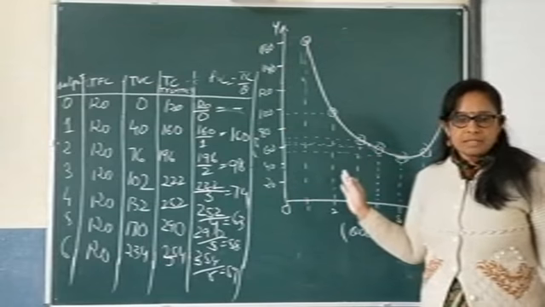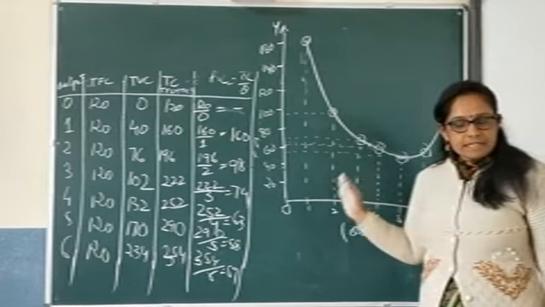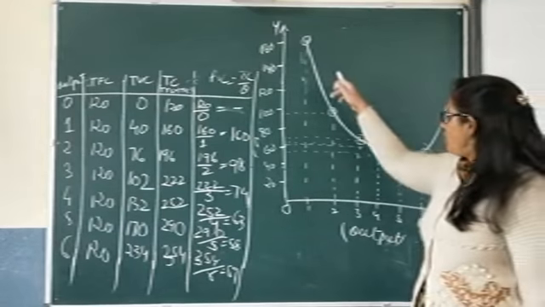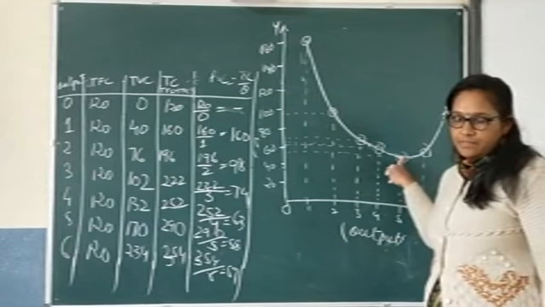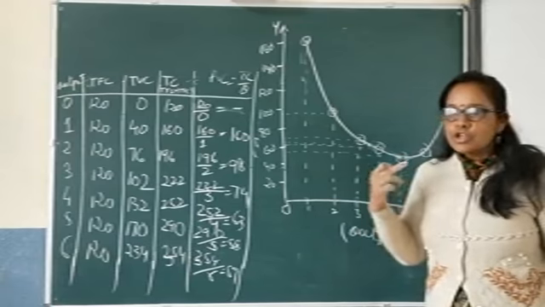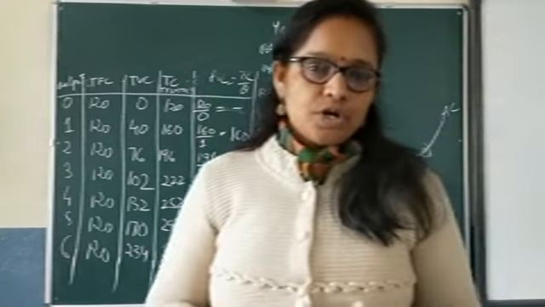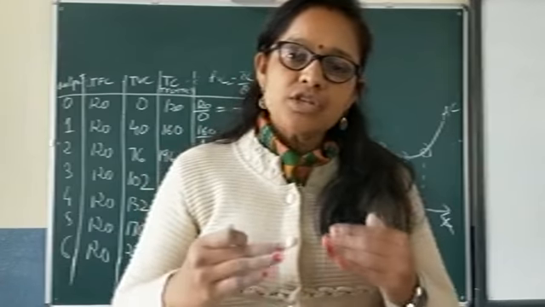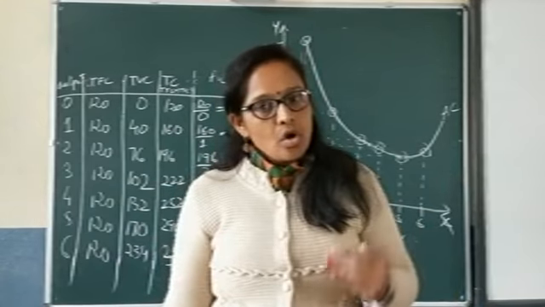It is clear that average cost curve is sloping downwards initially, and then later it starts sloping upwards, and hence we got U-shaped average cost curve.